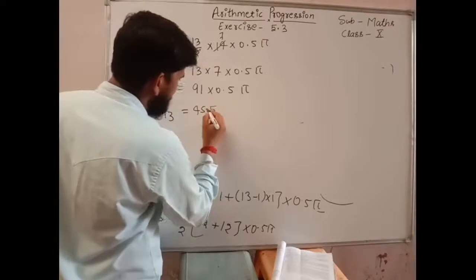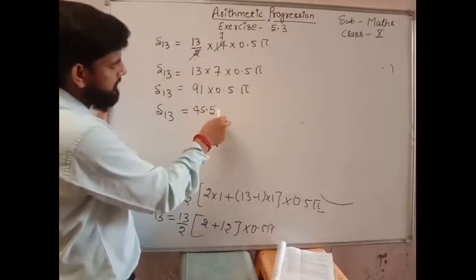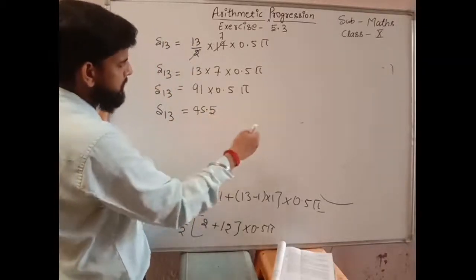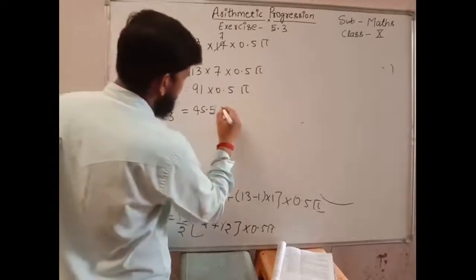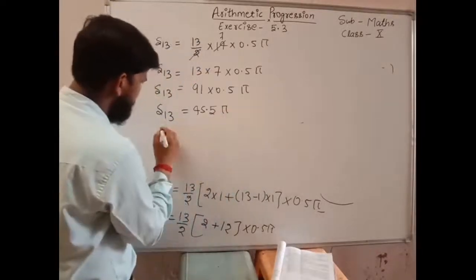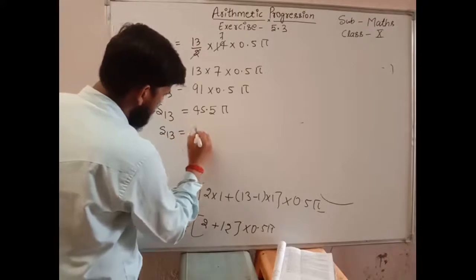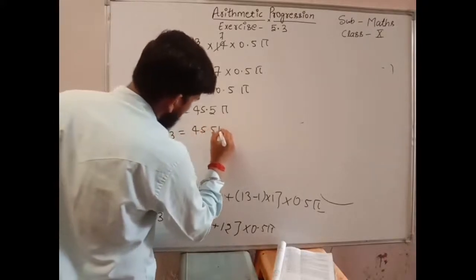After that, put the decimal after one digit from the right. So S 13 is equal to 45.5 pi.